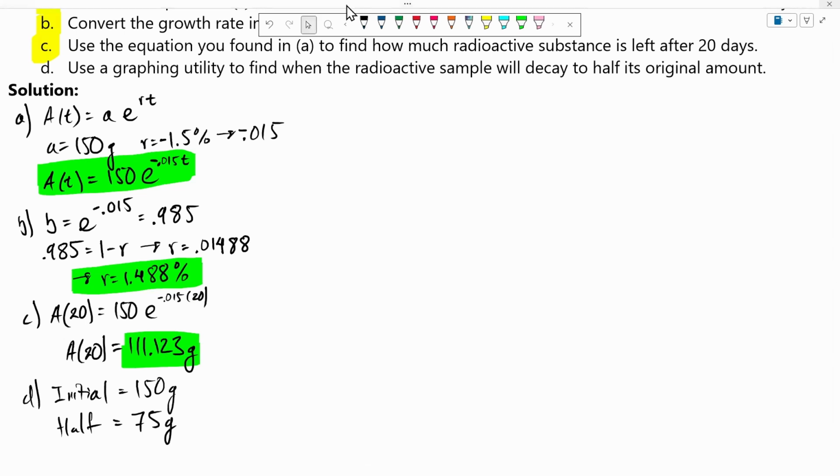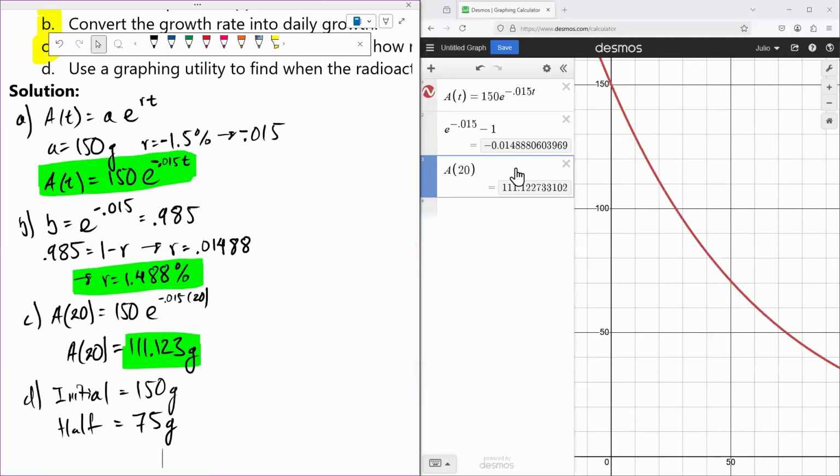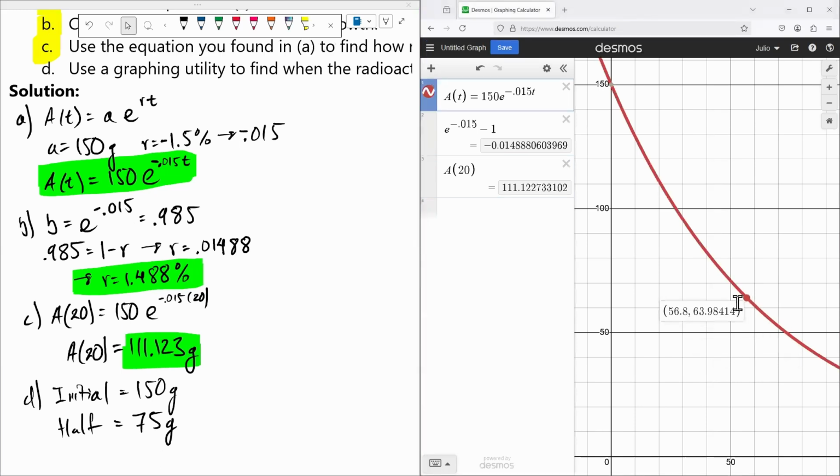So I'm going to go ahead and double screen this again. And we are looking for when the y is 75 grams. Let's see, 77, 76, 74, 75. There we go, 46.1 about.